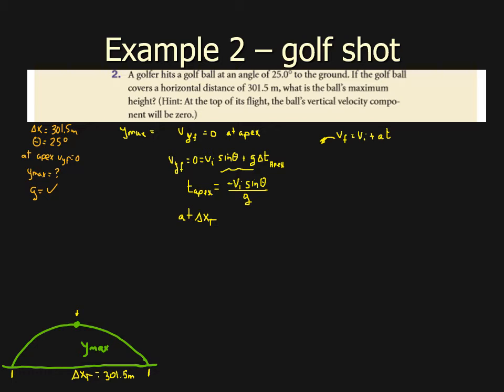Well, I know that at that moment the total time for the entire trip equals 2 times the time to get to the apex, because the apex is half the trip. So it's half the time here, half the time there. Put them together, it's the whole time, and the whole time gets you delta x all the way over.